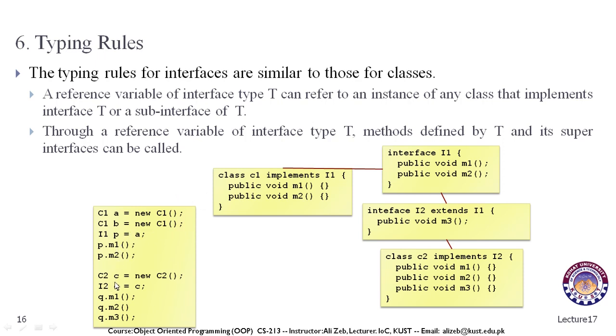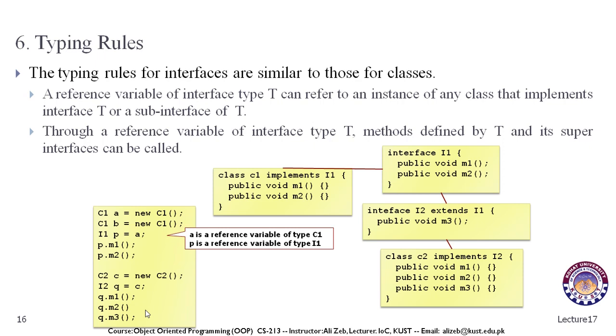Similarly, if we declare an object of class C2, let's say we have a reference variable declared using the interface I2. We can assign the object to that variable and call the methods of class C2 using this variable, and this is the same as what we can do with our classes and polymorphism.